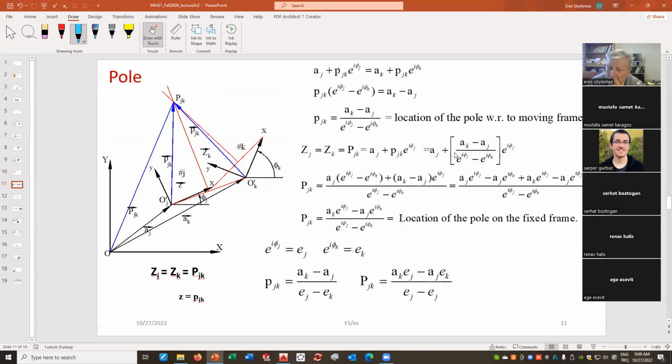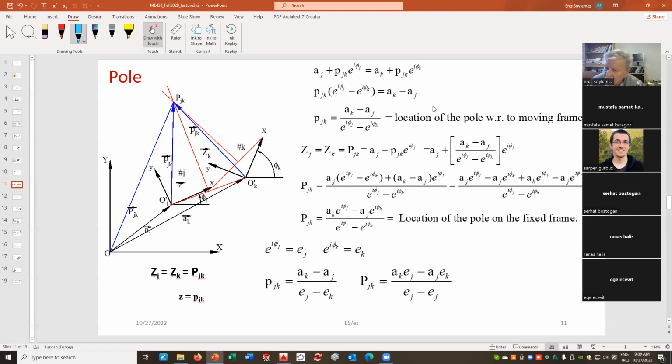Now, substitute that small Pjk into one of these equations, Zj or Zk, and solve. You have Zj is equal to Zk, Aj plus Pjk e to the I phi j.